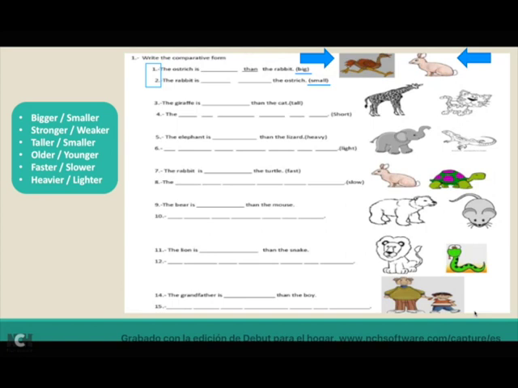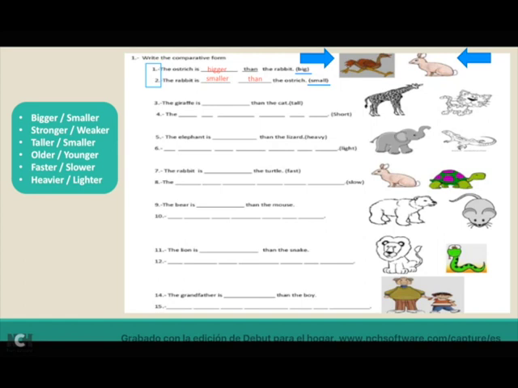So now let's complete. The ostrich is bigger than the rabbit. And the second one, the rabbit is smaller. And don't forget to write than. Now you can do the exercise by your own.